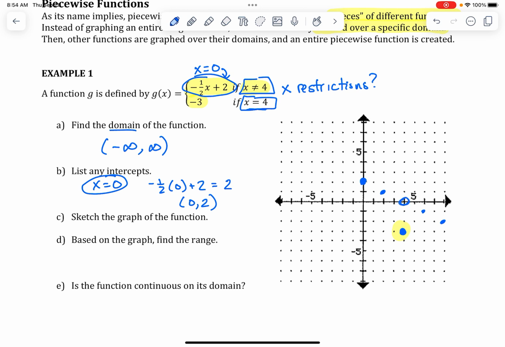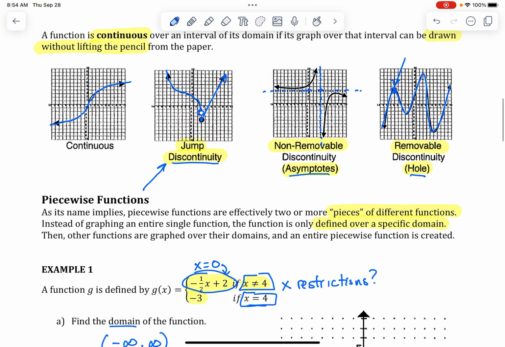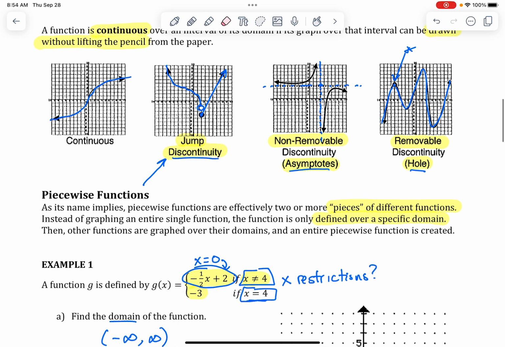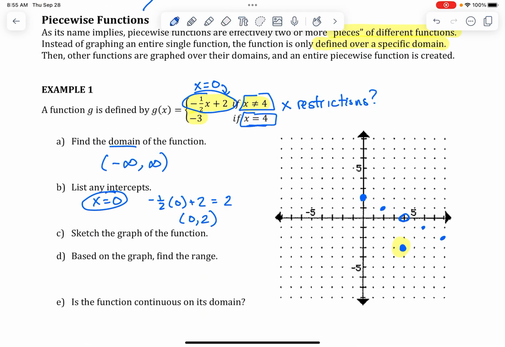So since x can't equal 4 for this function, we have to designate it somehow, and that's what we have sort of as a removable discontinuity, right? So sort of like this function we had up here on the right, where we have a hole in a part of the graph. The rest of the graph continues as normal.